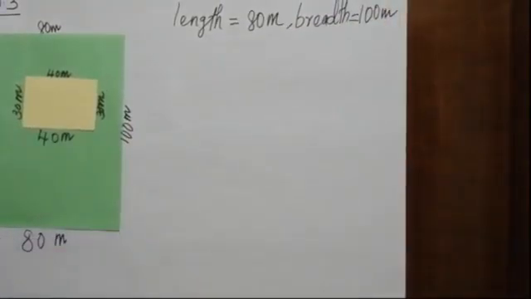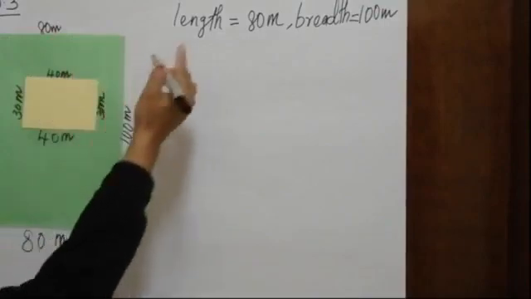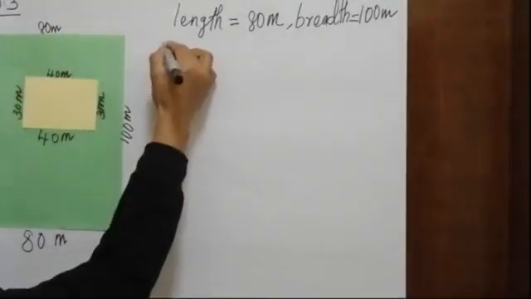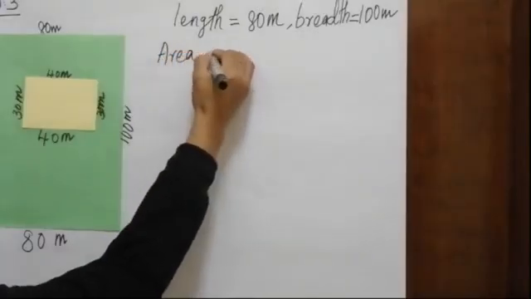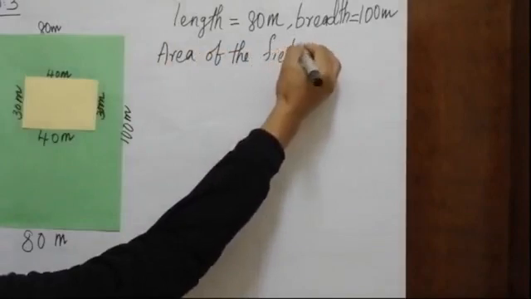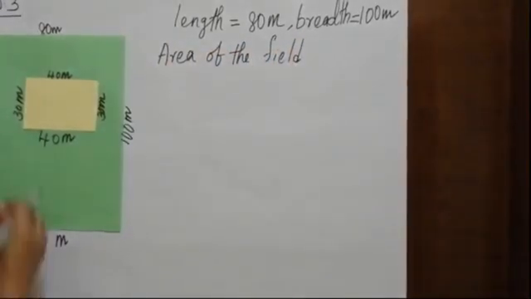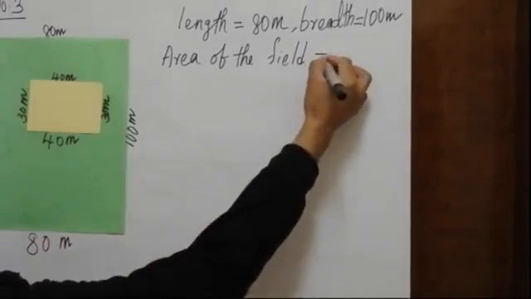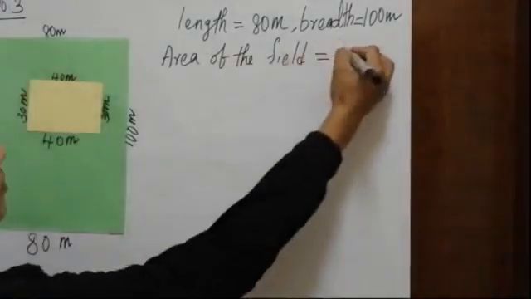Okay, now we are going to find out the area of this plot. So right here, area of the field. Okay, first we will find out the area of the field. What is the equation to find out the area of a rectangle?